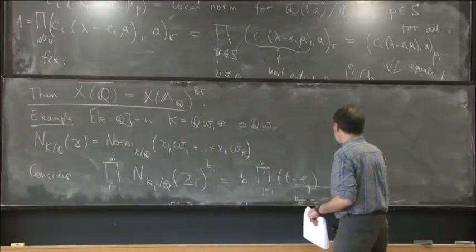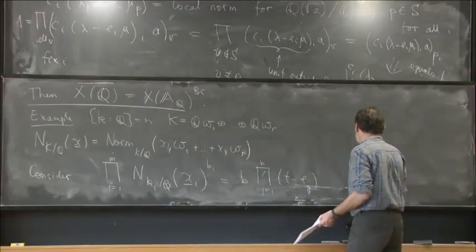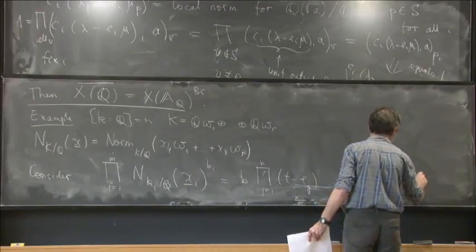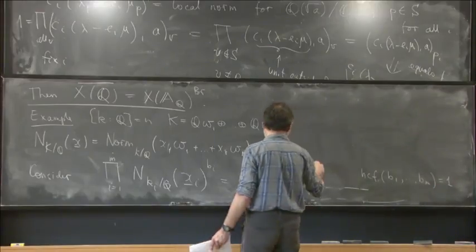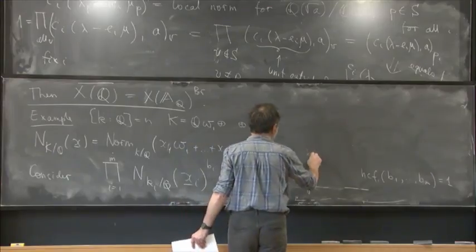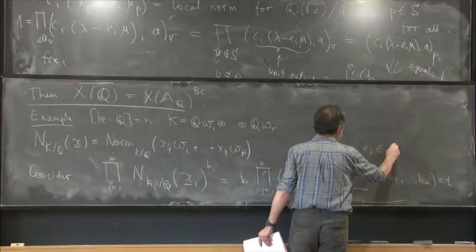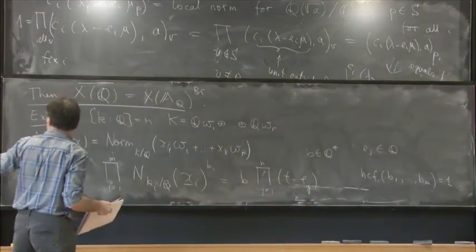Of course, I need to make sure that I have a torus, so I'll assume that the highest common factor of B1, ..., Bm is 1. And as before, B is a non-zero rational number, and the E_j's are pairwise different rational numbers. So such equations give examples of this result.